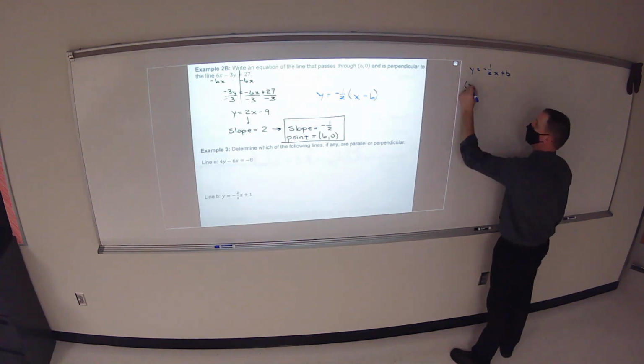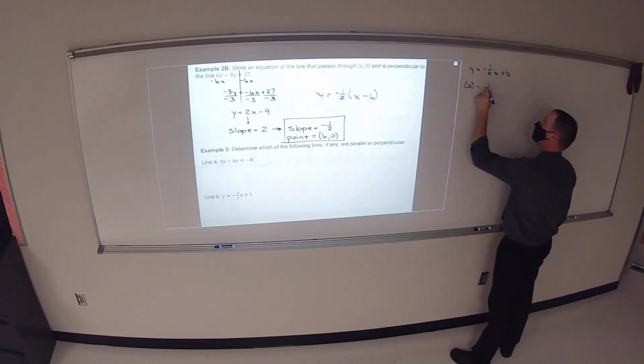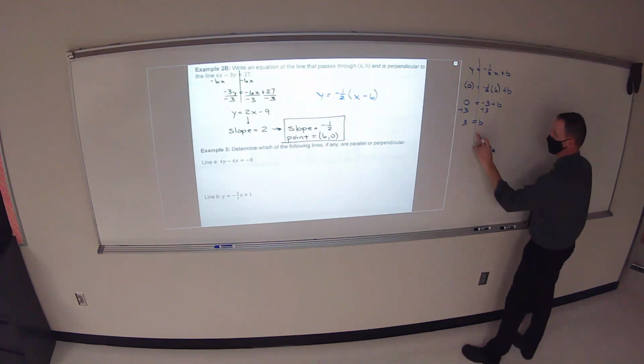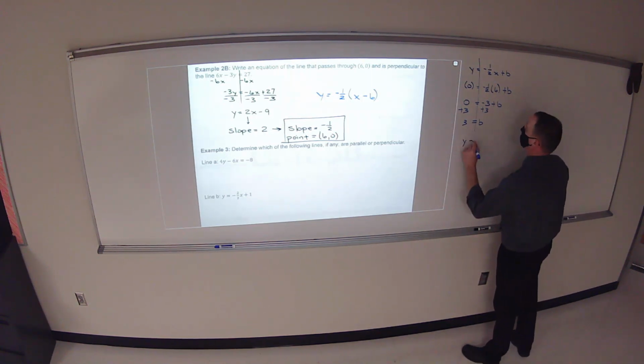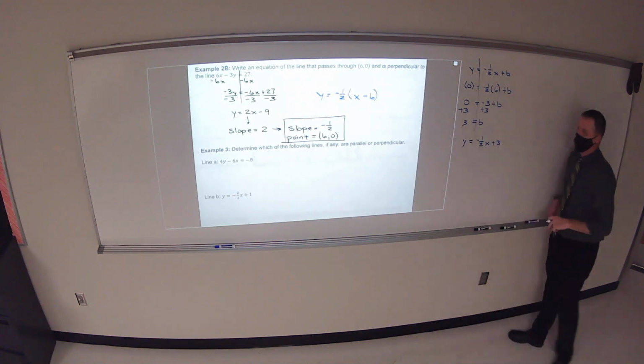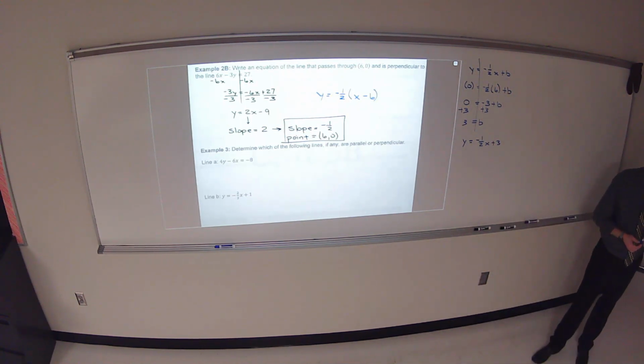Plug 0 in for y. Plug 6 in for x. 0 equals negative 3 plus b. And if I added 3 to both sides, then b is 3. So we'd end up with the equation y equals negative 1/2 x plus 3 as an alternate version for that problem.